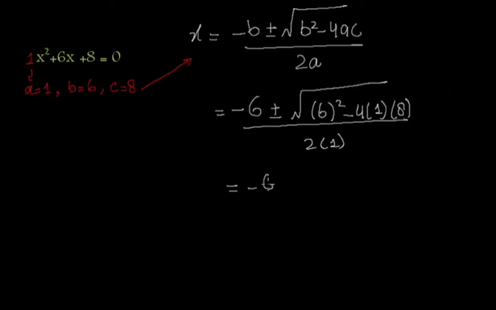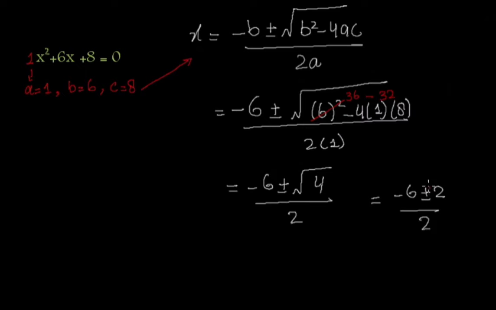That is negative 6 plus and minus 6 square, that is 36, and negative 4 times 1 times 8, that is 32. So 36 negative 32, that is 4, over 2 times 1, that is 2. And if we simplify, it becomes negative 6 plus minus the square root of 4, which is 2, over 2.